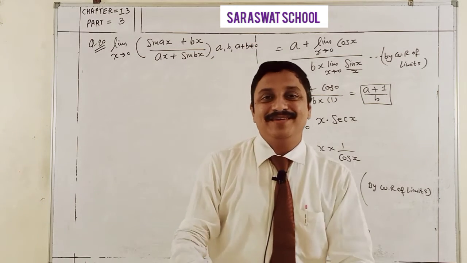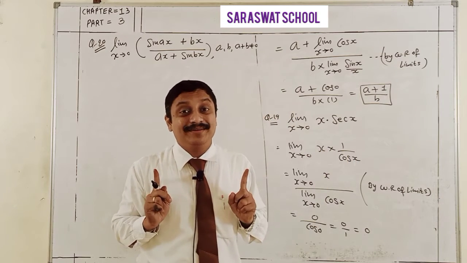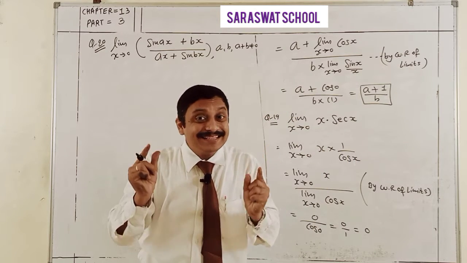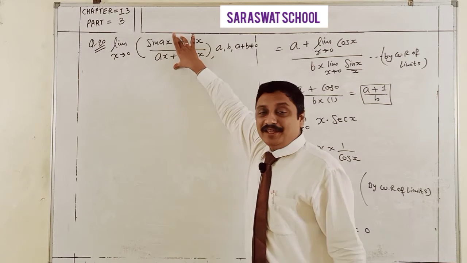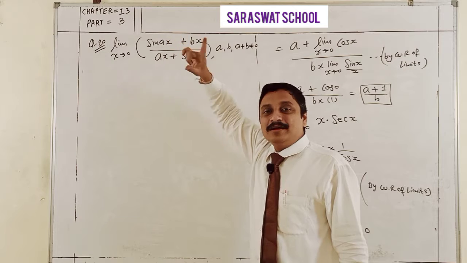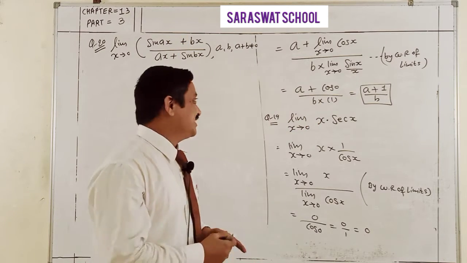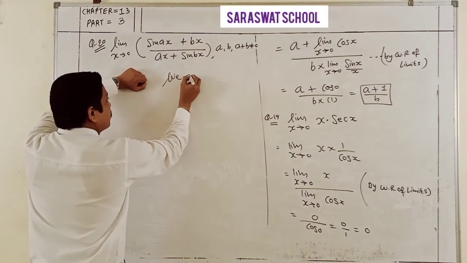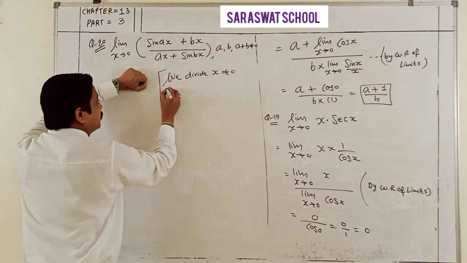So very simple students, your formula is known, sin x by x is 1, and also I will be balancing your coefficients. So before operating, I just divide numerator and denominator by x, where x is not equal to 0.